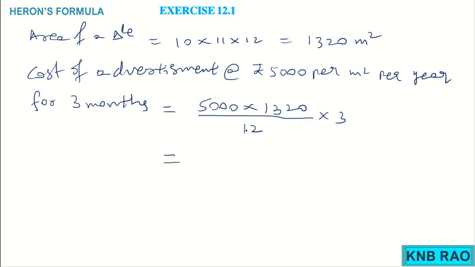Now on cancellation, 12 into 110 is 1320.